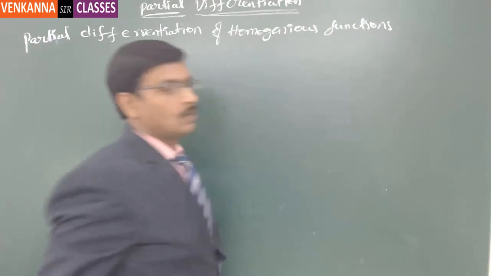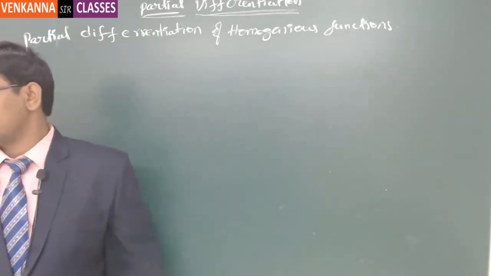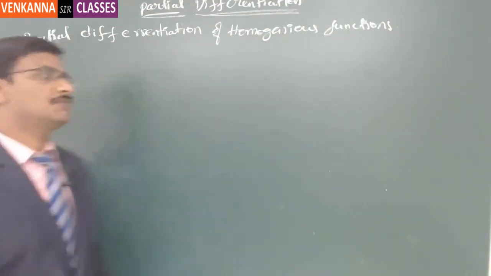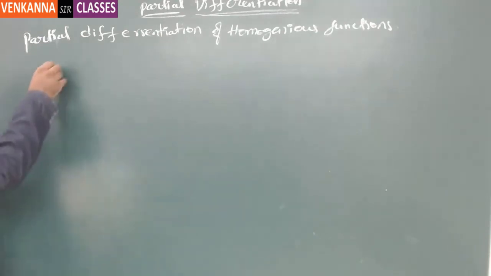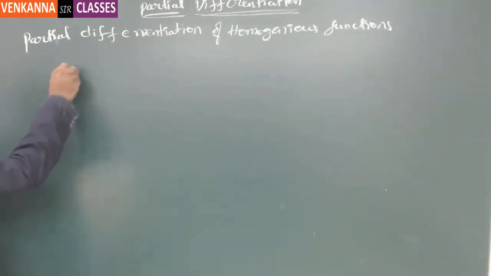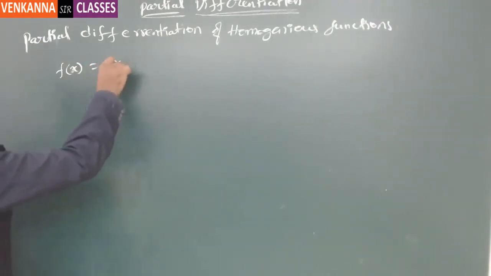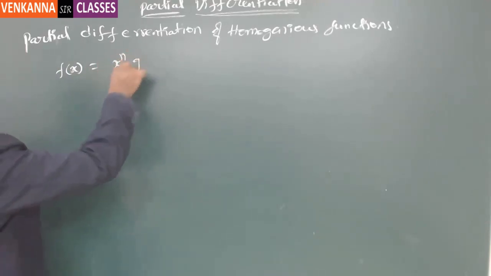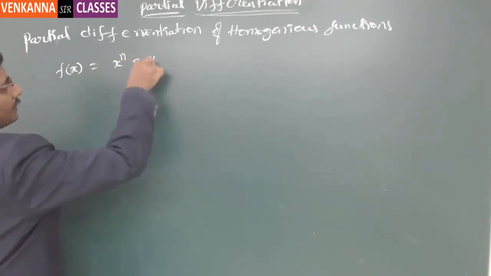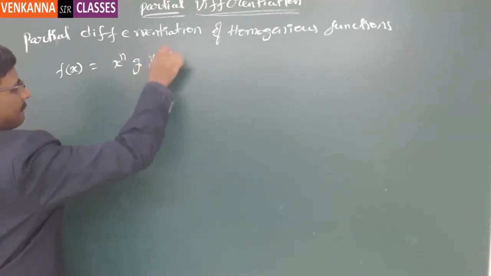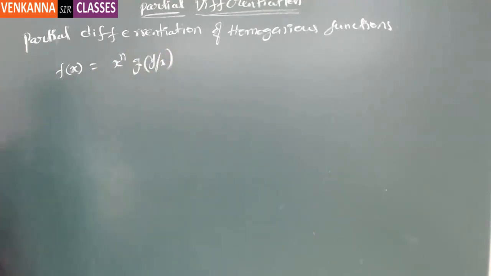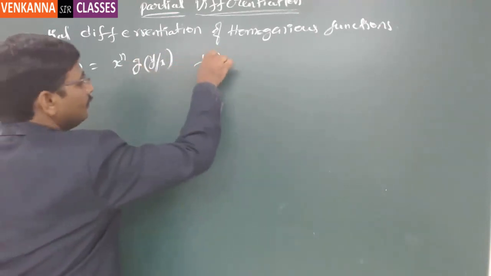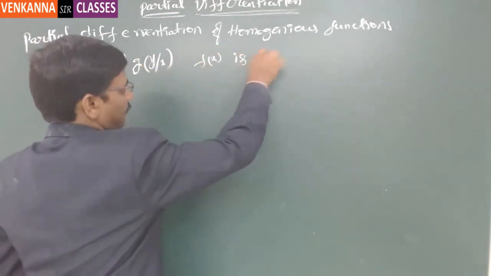Now, what is a homogeneous function? Suppose you are able to express f of x as x power n into g of y by x. If you are able to express it in this format, then we call f a homogeneous function.